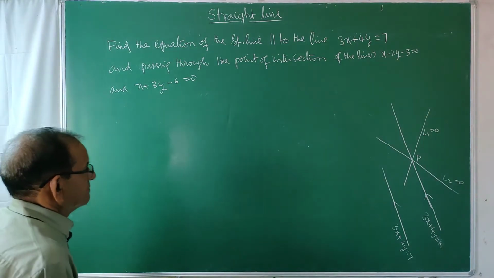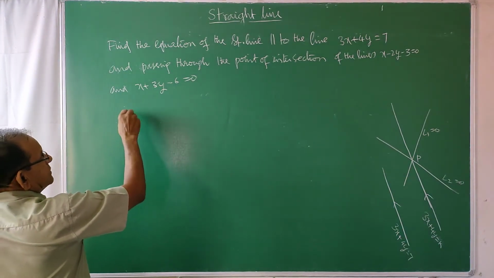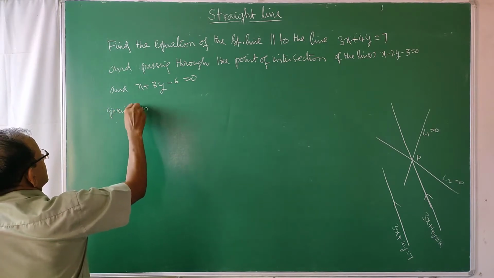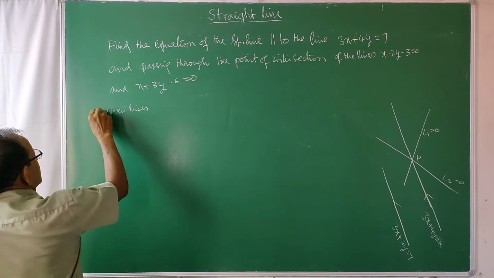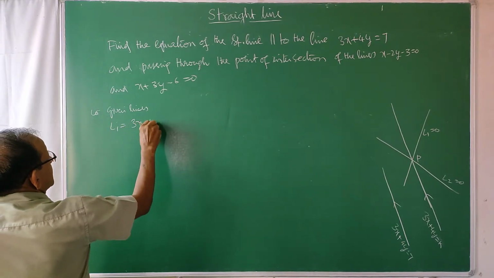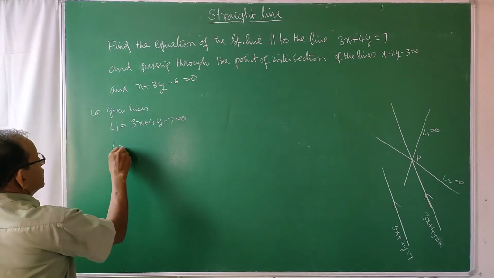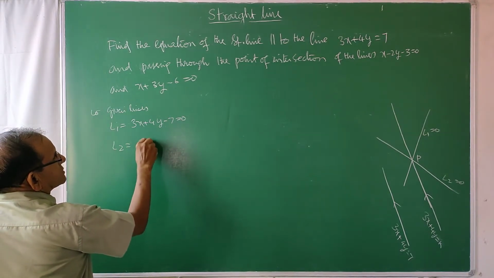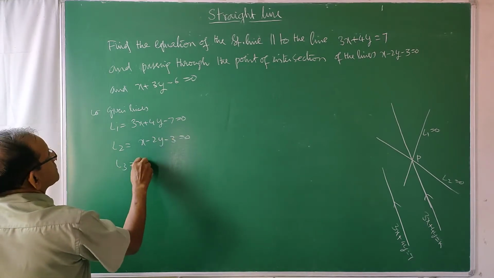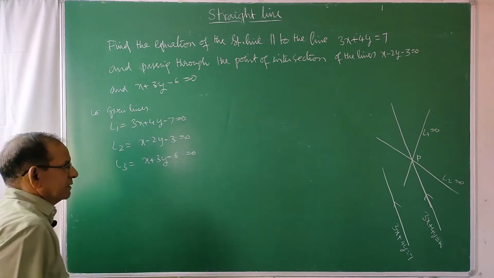First of all, let us take these as given lines: L1 is the first line 3x plus 4y minus 7 is equal to 0, and the other two lines, L2 x minus 2y minus 3 is equal to 0, L3 x plus 3y minus 6 is equal to 0.